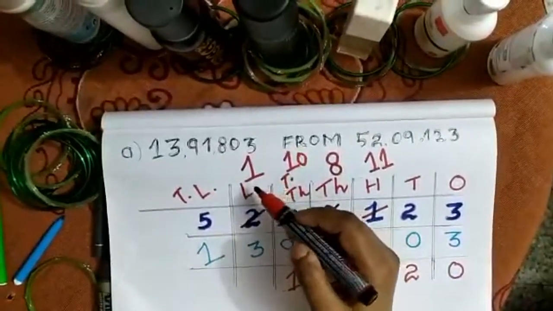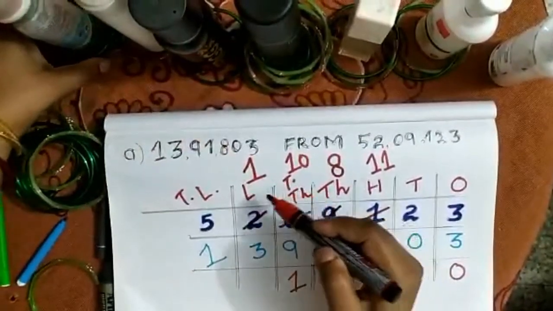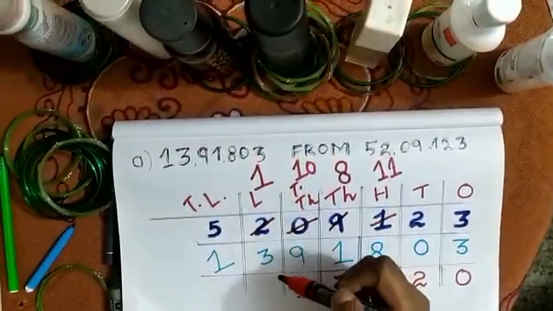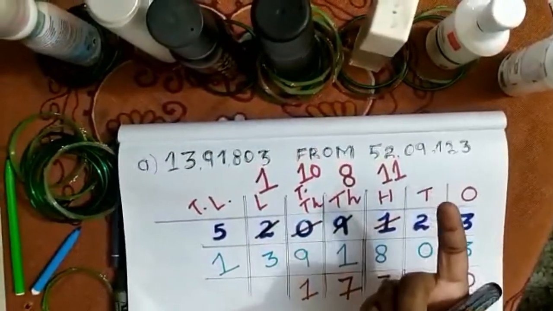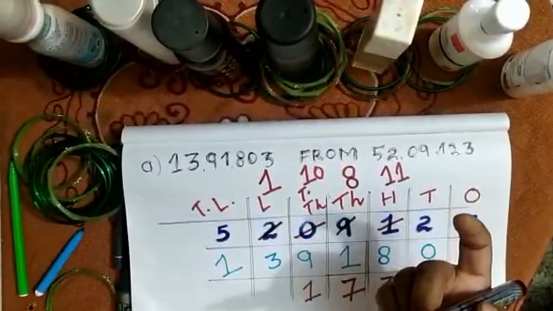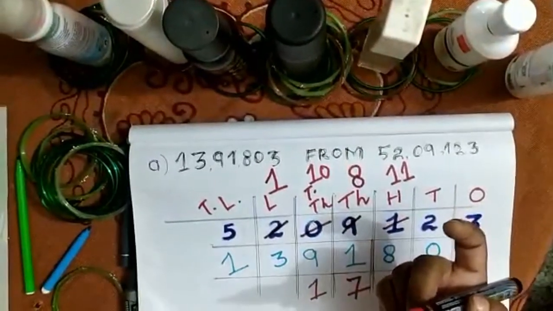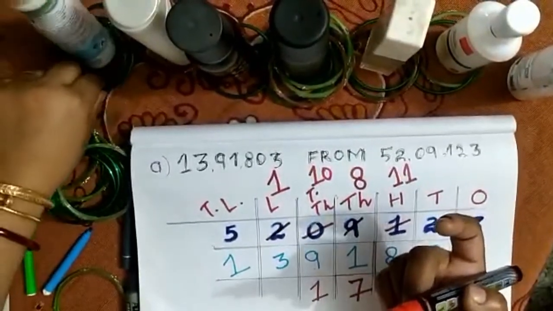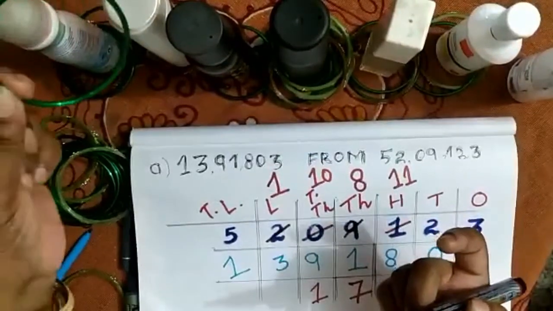Now come to the lakh column. 1 lakh is there. From 1 lakh I have to subtract 3 lakh. Again there is a problem. So I have to borrow from 10 lakh. From 10 lakh I will borrow 1 10 lakh, and this 1 10 lakh will convert into 10.